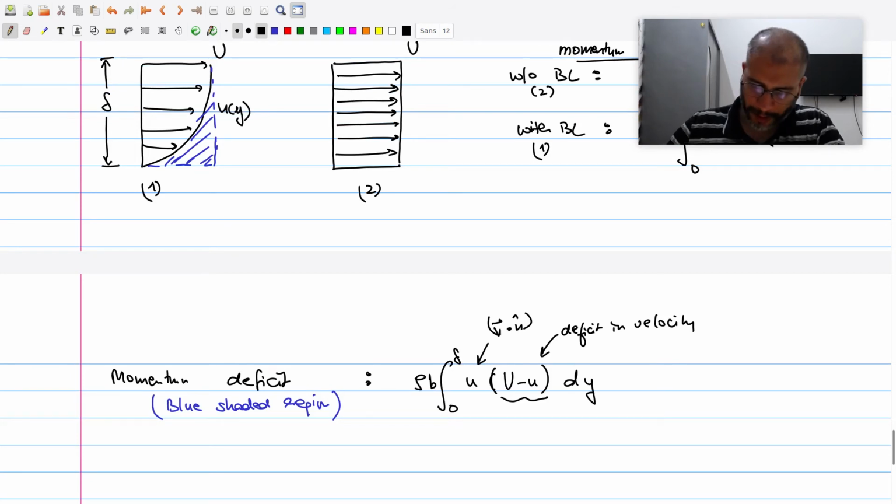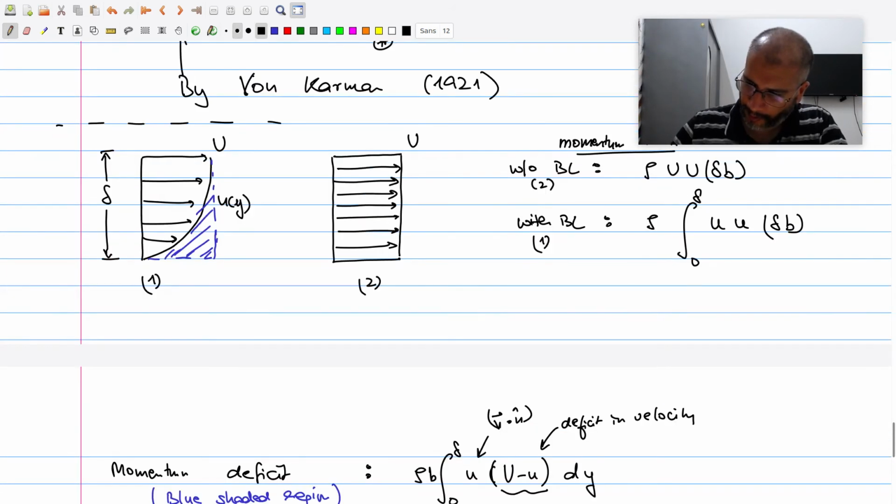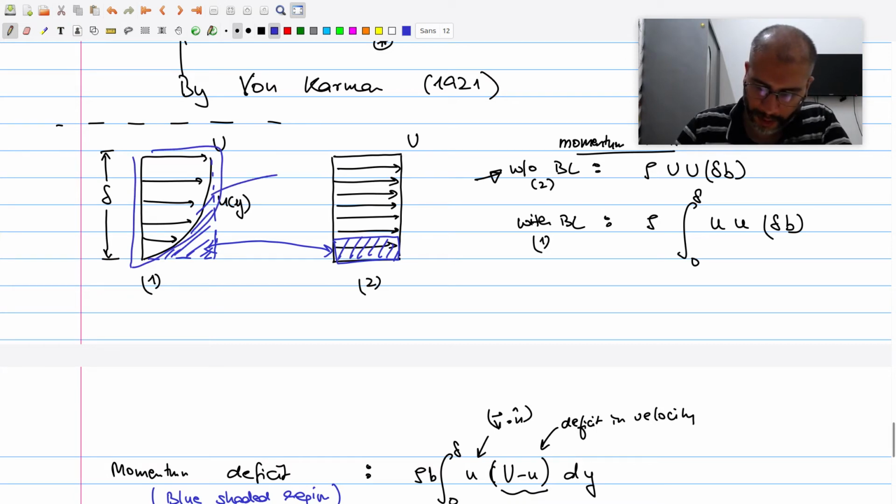Okay, so if I was to compare this momentum deficit with this number 2, then if I was to take some portion out from here in terms of the momentum flux it carries, and it was equal to this, then I could have equated the actual momentum in this shaded region with this uniform flow momentum.